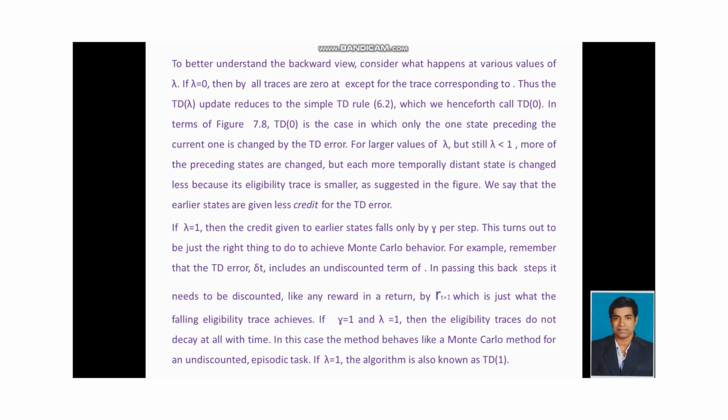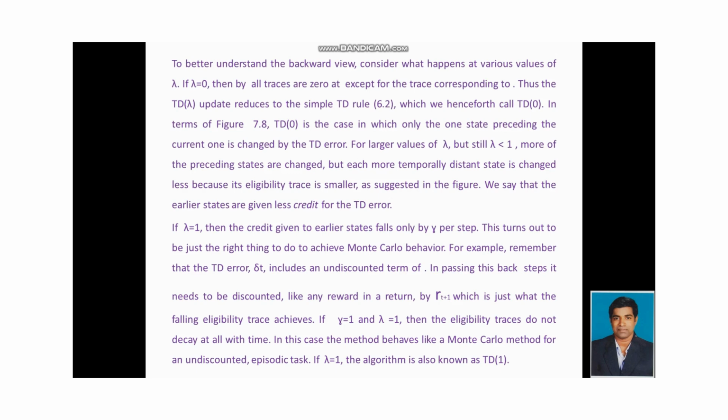For larger values of λ, but still λ < 1, more of the preceding states are changed, but each more temporally distant state is changed less because its eligibility trace is smaller. As suggested in the figure, we say that the earlier states are given less credit for the TD error.